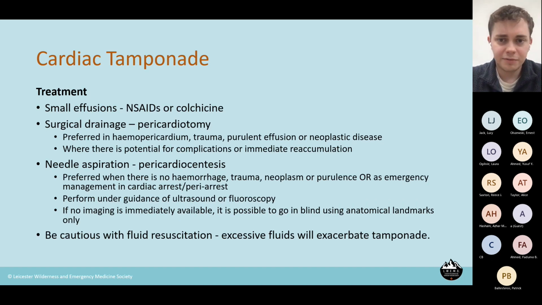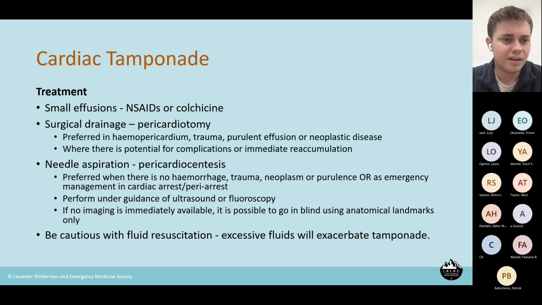So the treatment for tamponade involves draining the fluid from the pericardium. Very small effusions that aren't causing tamponade are usually treated with NSAIDs or colchicine. But when you've got cardiac tamponade and you need to relieve that pressure, the preferred method is surgical drainage in theatre, pericardiotomy, so you incise the pericardium open.